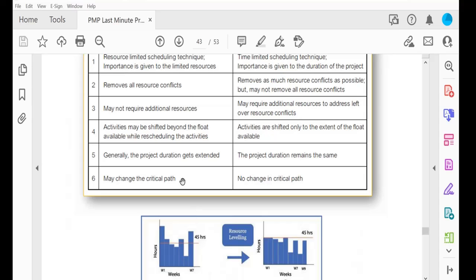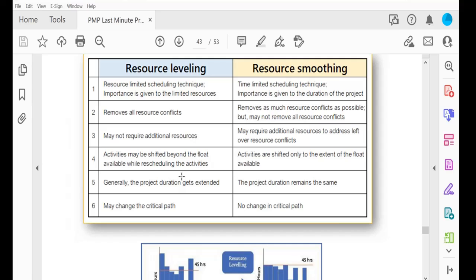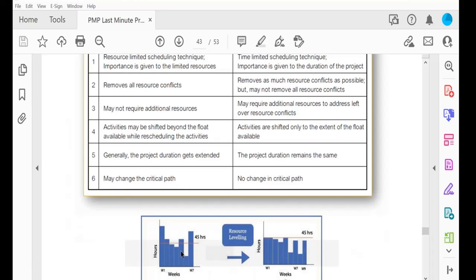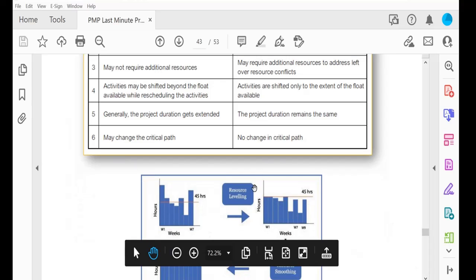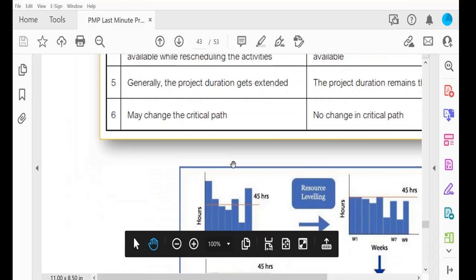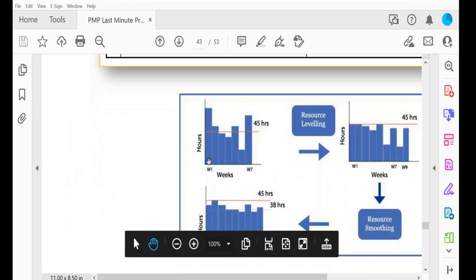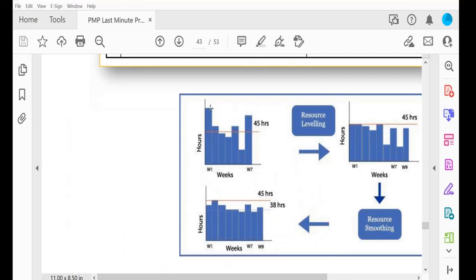So in resource leveling, what we do is level the workload. We are taking some of the work and giving it to other team members, or distributing the work to another day. For example, in week one, we are saying that this employee has to work more than 50 hours, and then week two these hours, and week three something like that, week seven 45 hours.